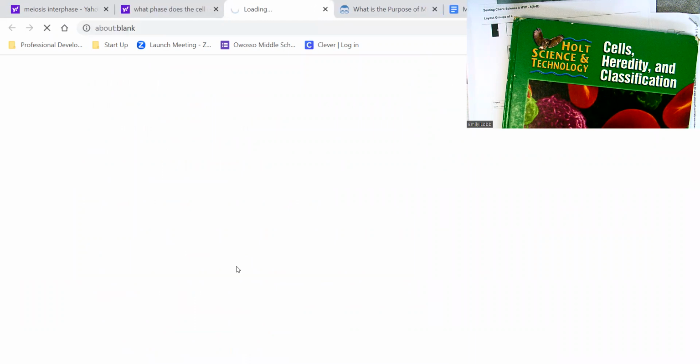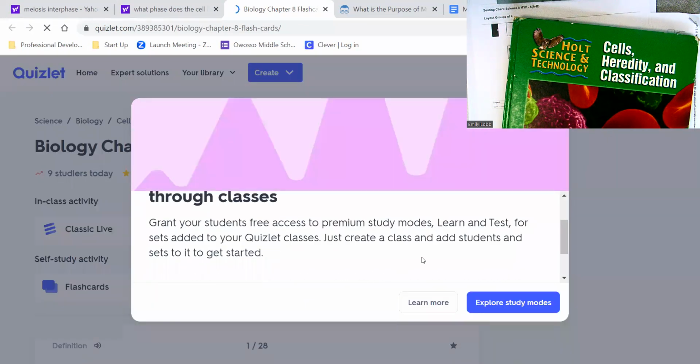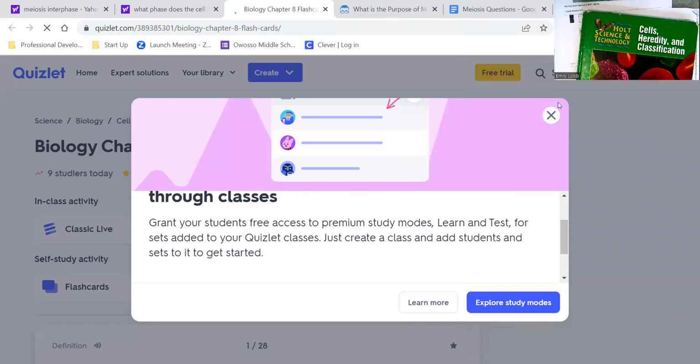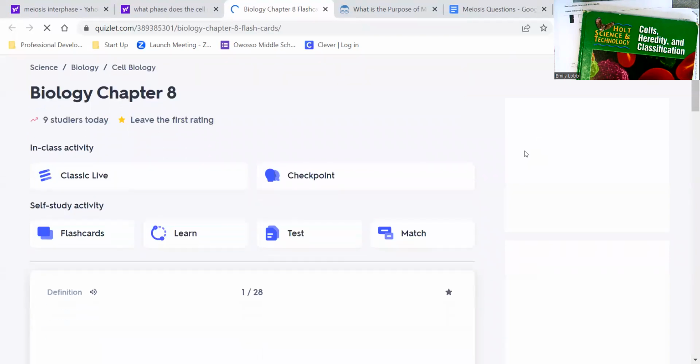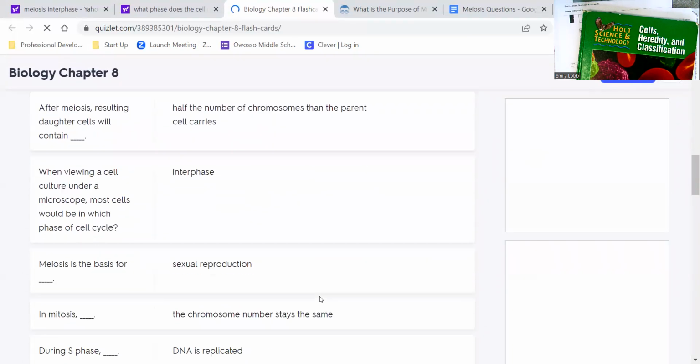Right here. Look at this. Biology flashcards on Quizlet. Have you guys ever used Quizlet? Have you ever made your own study set? Okay, this is not what I wanted.